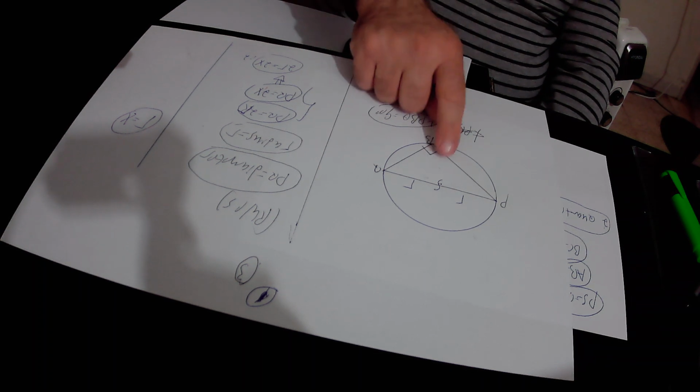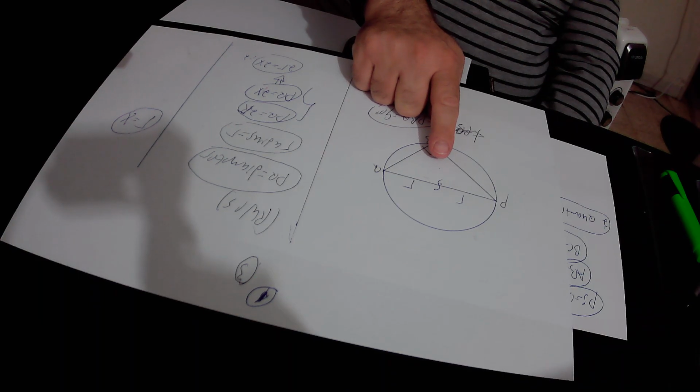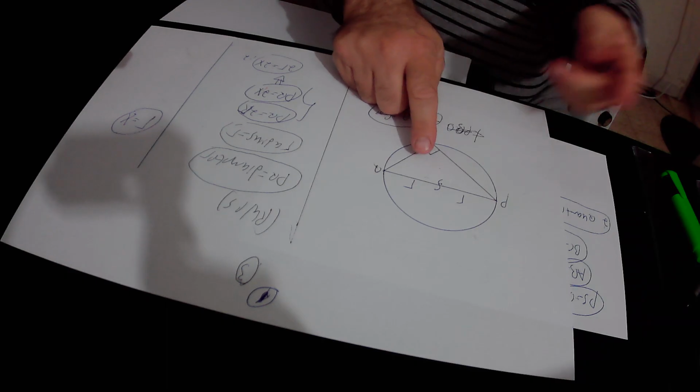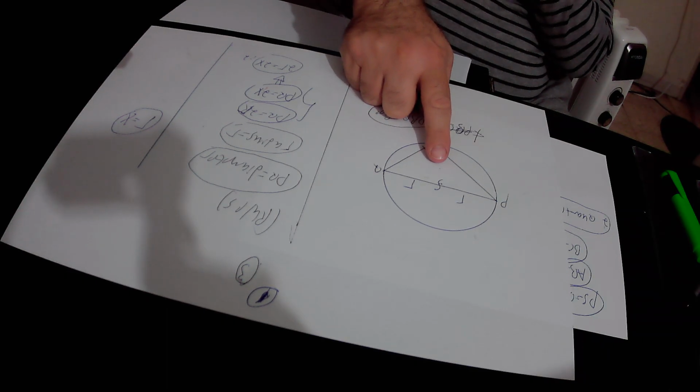So at point S, the two radii touch each other. And because of the fact that at point S those two radii touch each other, point S must be the center of the circle.